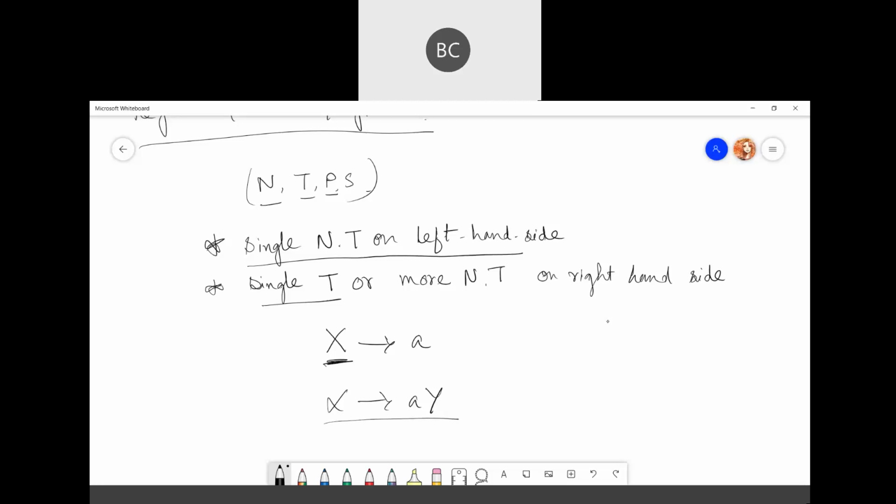There will be a single non-terminal symbol on the left hand side, which you can replace. On the right hand side there will always be a terminal, that means a small letter, and there might be a small letter followed by a capital letter, that means a non-terminal. You can just write this as a single terminal followed by a non-terminal.